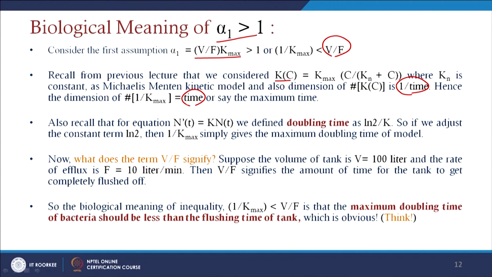Also, if you look at the equation for population balance modeling of cell growth, we started the model as n dash t equals k into n of t, where k is the growth rate or decay rate, whatever it may be.